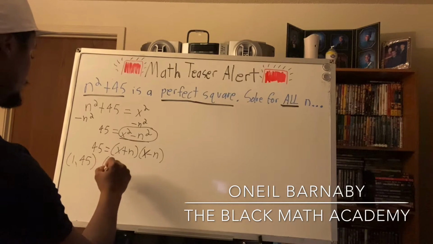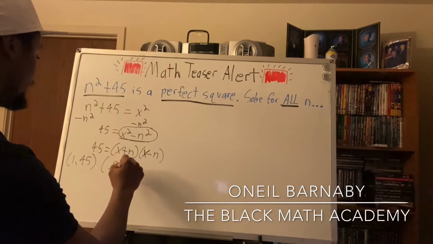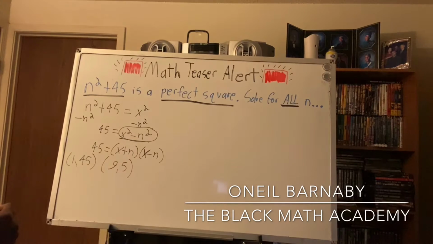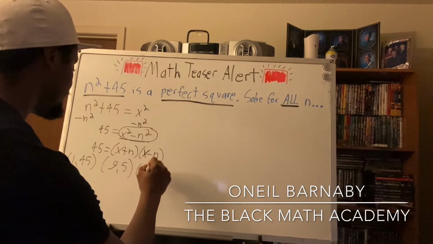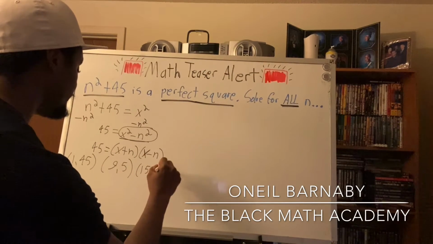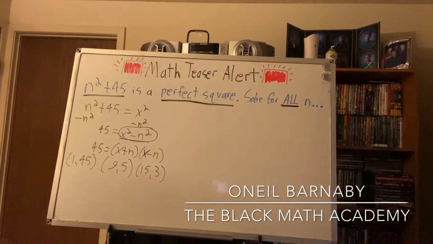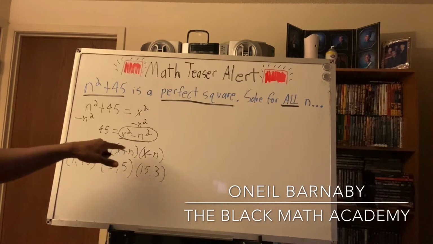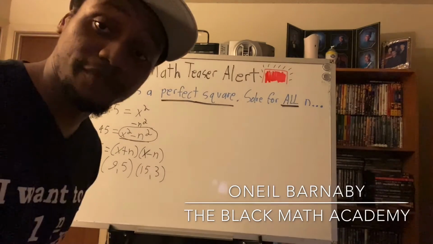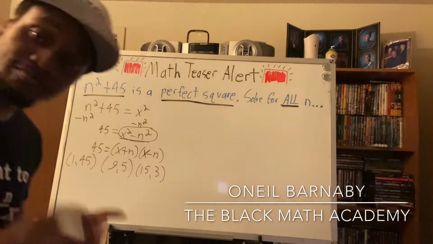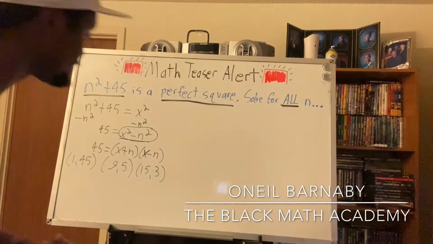It could also be 9 times 5. And it could also be 15 times 3. These three pairs, or these 6 numbers, can replace the parentheses up here and give you 45. So far so good. We're getting in the right direction.